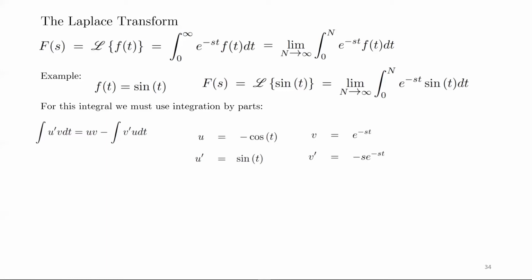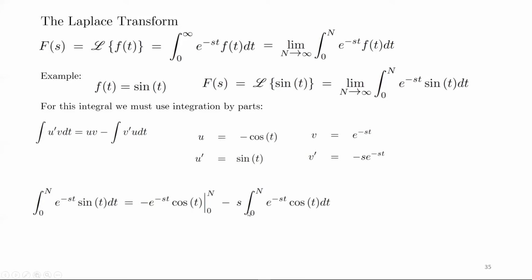So I can use my integration by parts formula to figure out what this integral is equal to. Technically I've dropped the limit here, but let's remember that it's always a limit as n goes to infinity. The integral from 0 to n of e to the minus st times sine of t dt is equal to u times v, so negative cosine times this exponential, evaluated at n and 0, minus the integral of v prime times u dt.